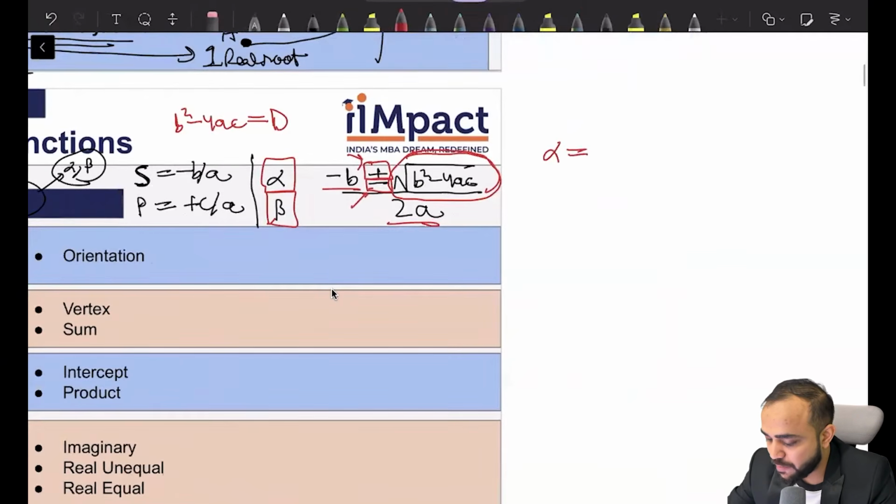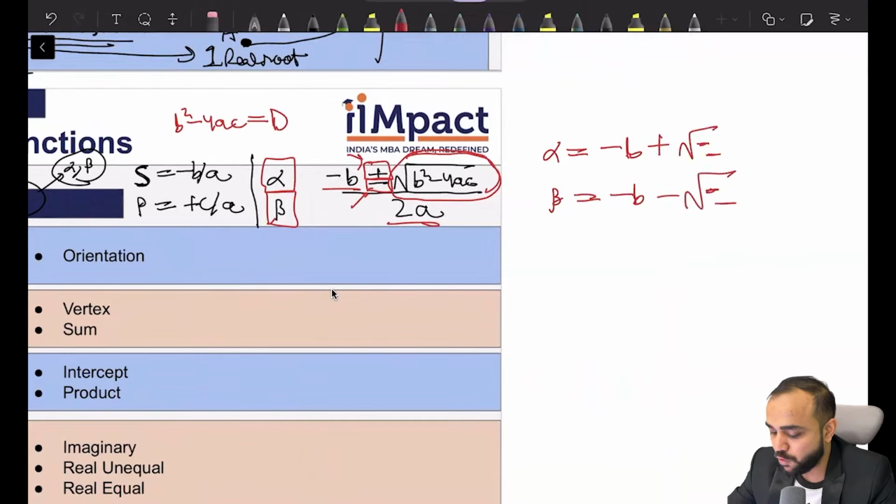So if alpha is minus b plus under root of some negative number, then beta will have to be minus b minus under root of the same negative number, which means that the imaginary roots exist in pairs, and that pair is a conjugate pair.